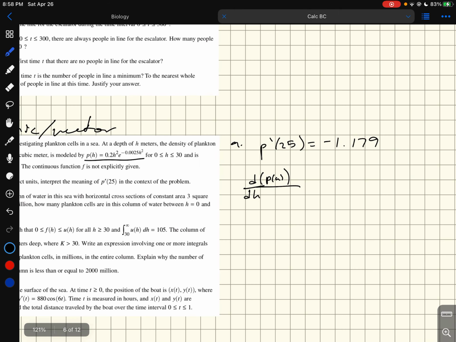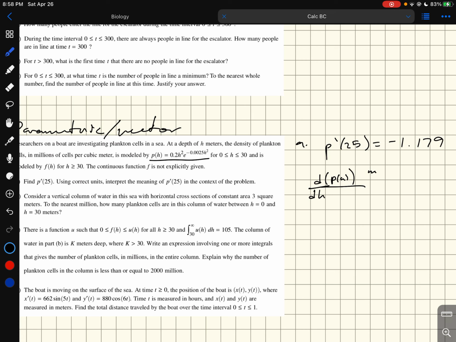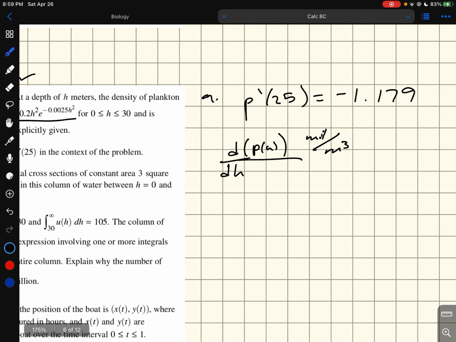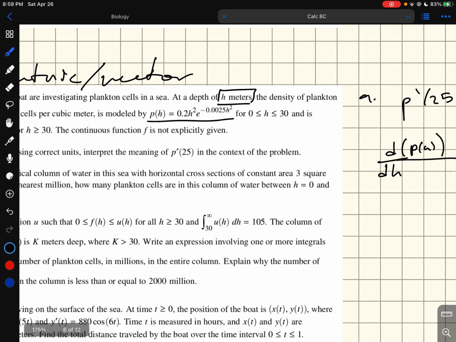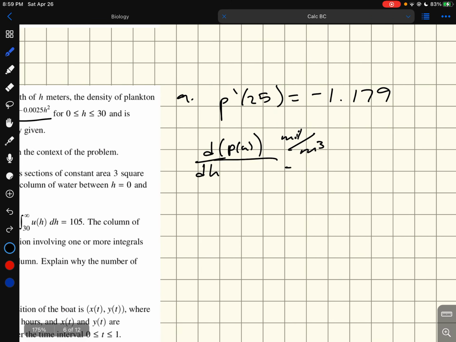So p of h is given by millions of cells per cubic meter, and dh is just meters, because remember it says here at a depth of h meters, so h is just meters.